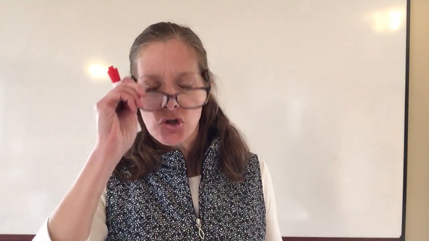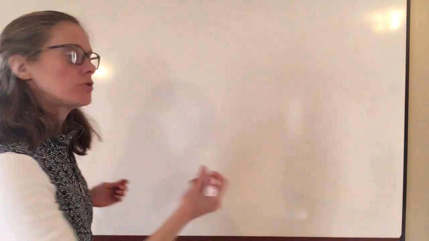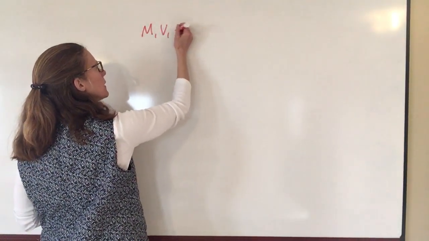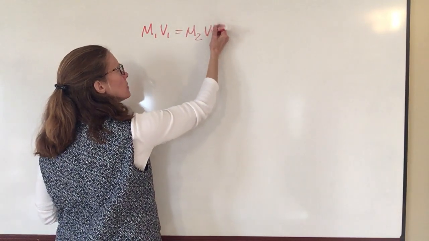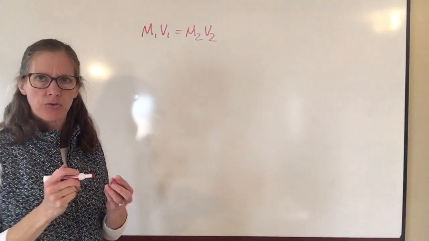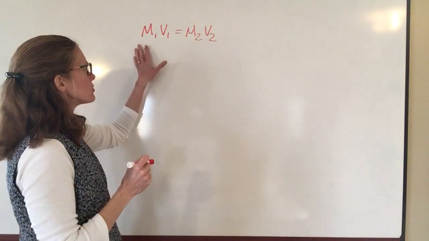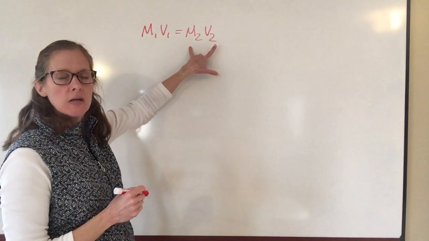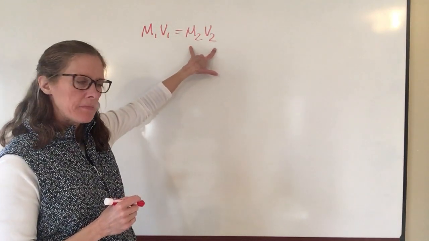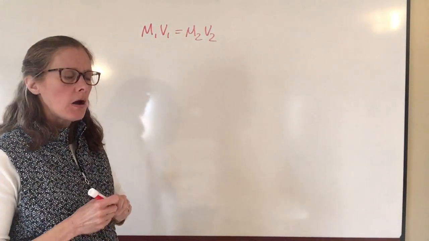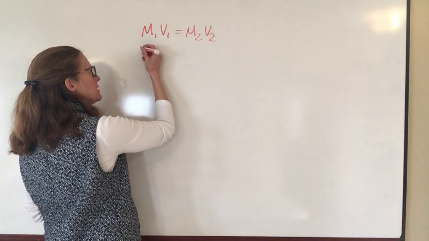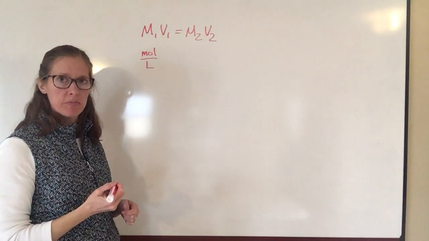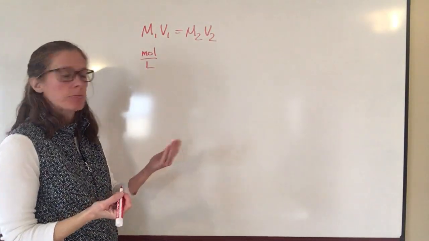The way I'm going to show you is to use this equation, M1V1 equals M2V2. That stands for the first molarity times the initial volume equals the final molarity times the final volume. Molarity means the number of moles per liter.